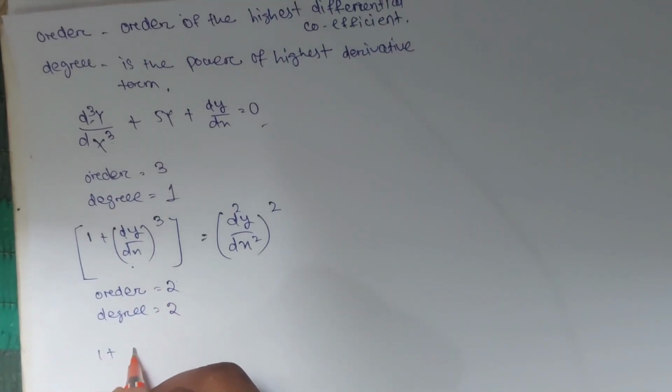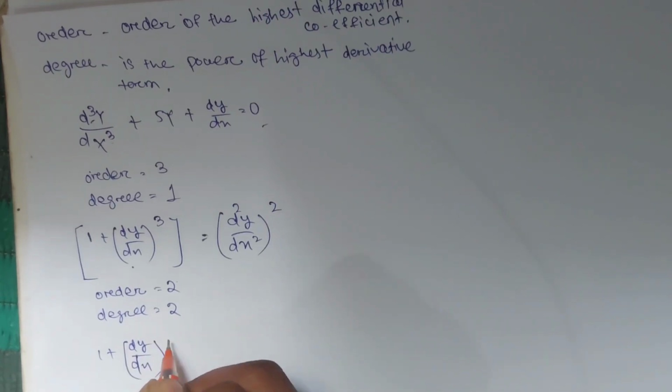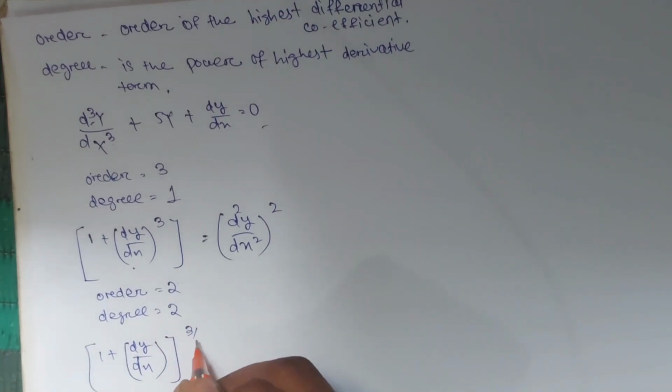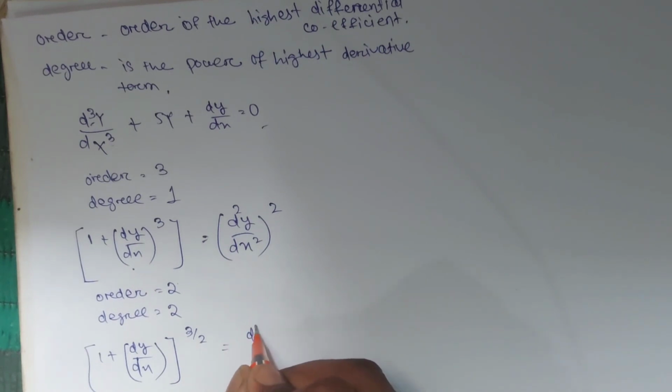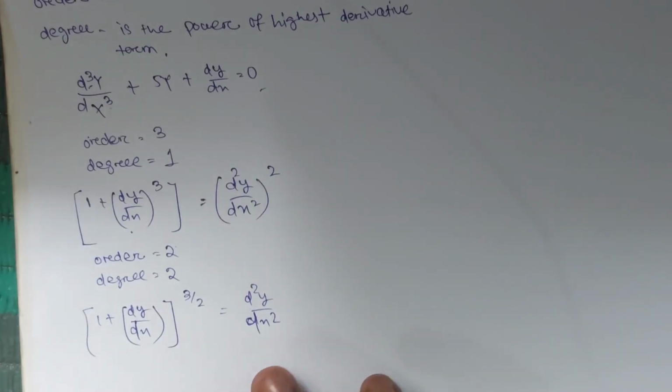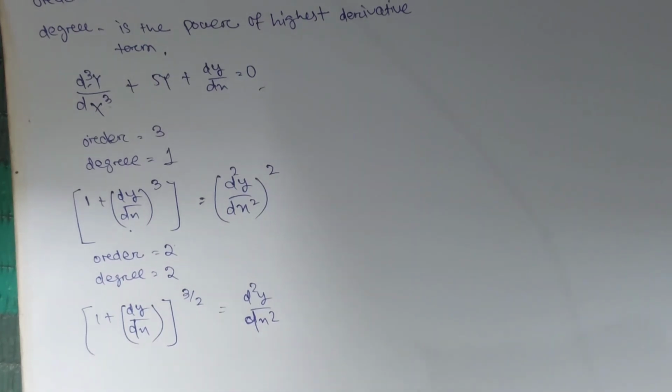Similarly, if we take 1 plus dy by dx in the same expression like this, to the power of d square y by dx square, then if the differential equation contains any fractional power, the first task is to convert the fractional power into an integral power.